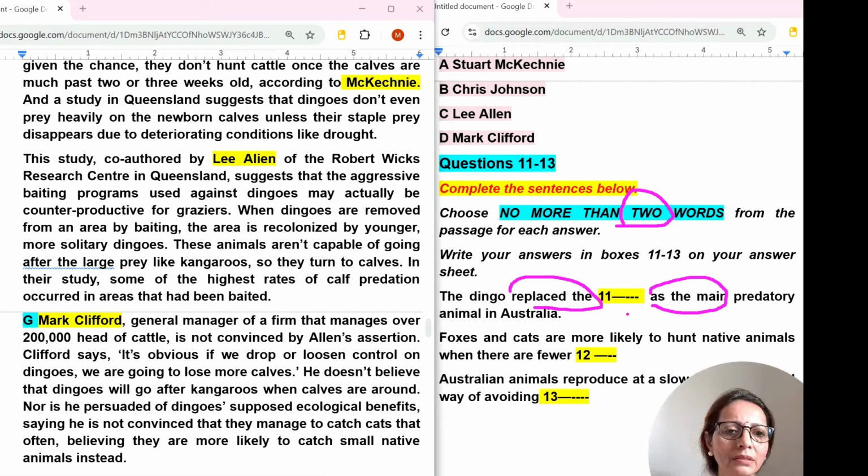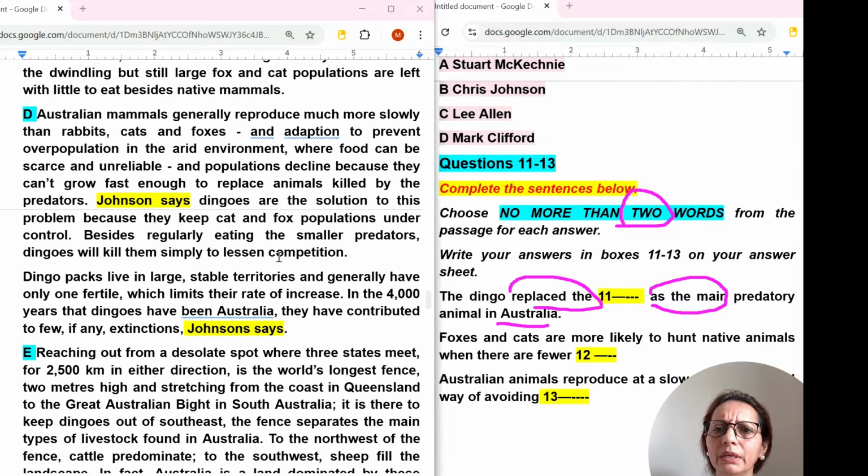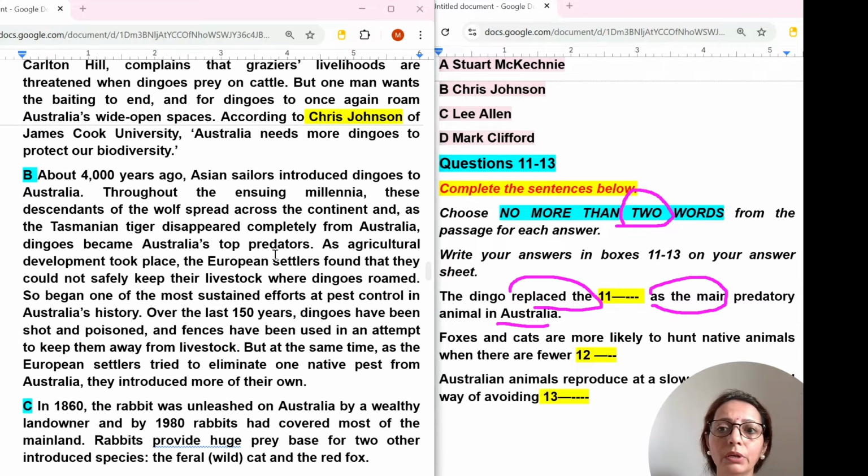The dingoes replaced the dash as the main predatory animal in Australia. So what have they replaced? Let's move to the first paragraph. In the first or second paragraph, they were talking about how they were introduced. About 4,000 years ago, Asian sailors introduced dingoes to Australia. Throughout the ensuing millennia, these descendants of the wolves spread across the continent and the Tasmanian tiger disappeared.